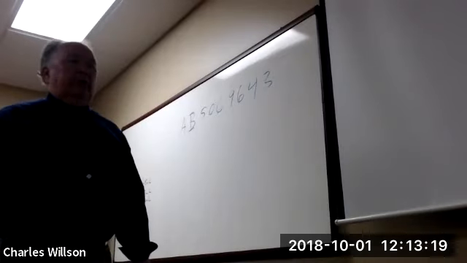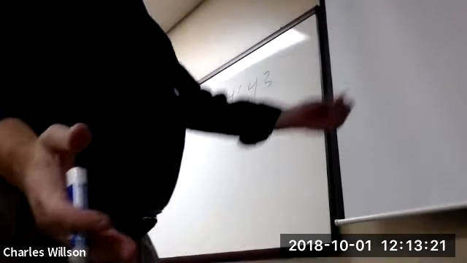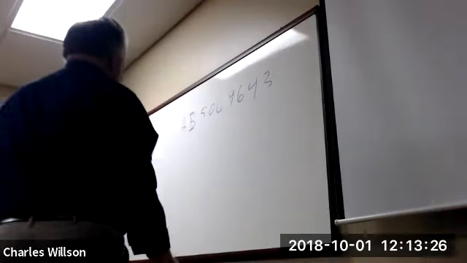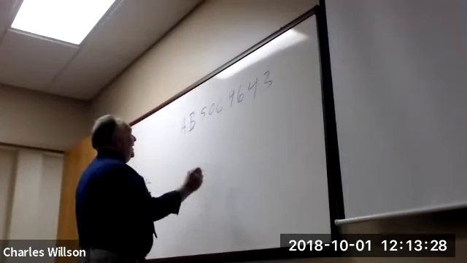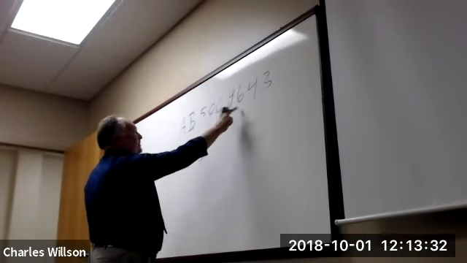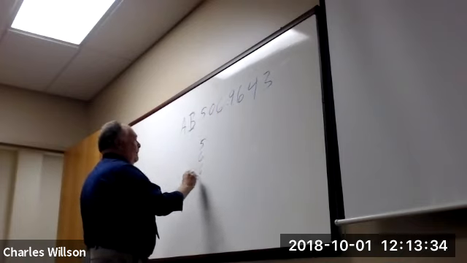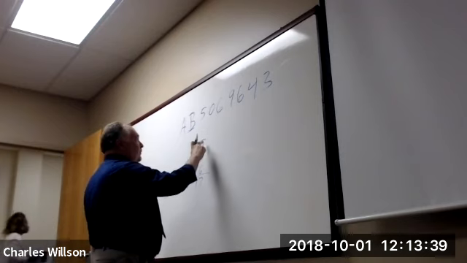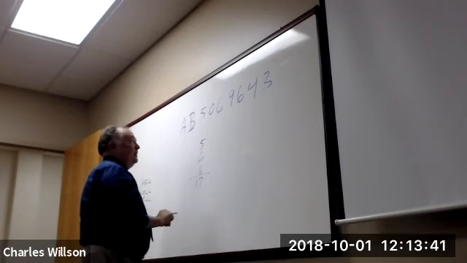Okay, maybe it's not well-known. It's my phone number. It's on the syllabus, so you already had it anyway. So let's add them up. 5, 6, and another 6: 11 and 6 is 17.